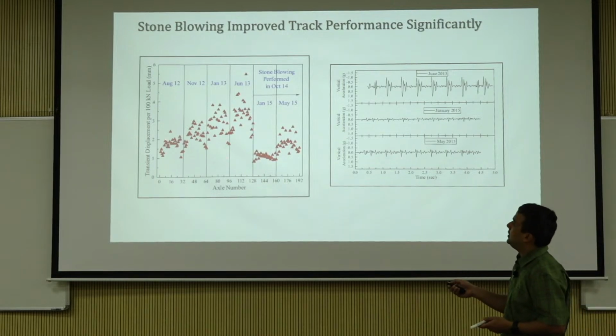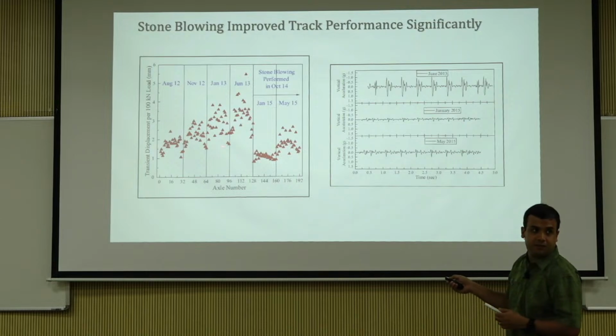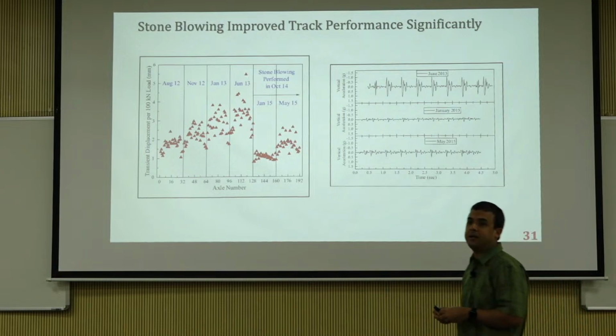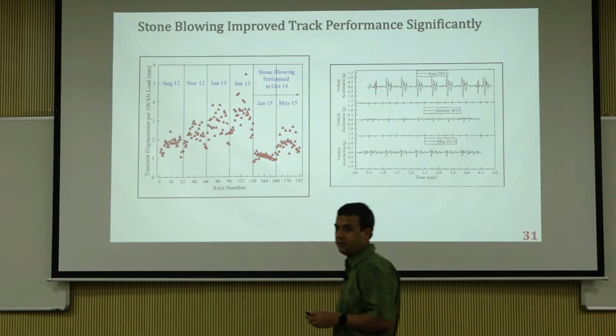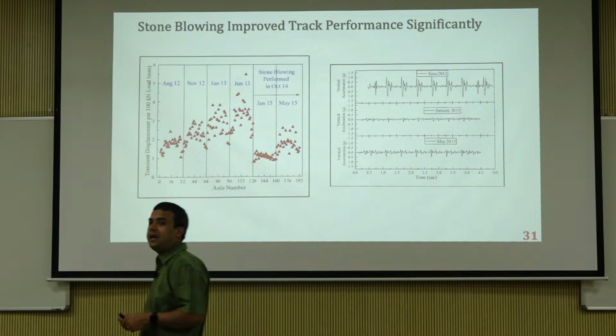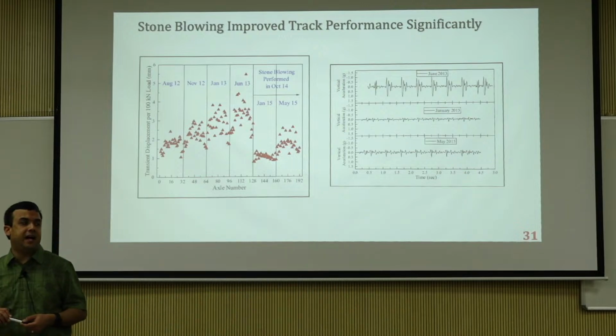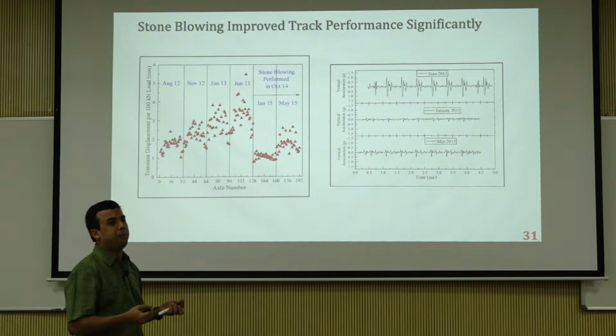Transient deformation at that track was all like this, and then you support it by stone blowing, and you suddenly reduce the transient deformation significantly. That's because it is now better supported, right? The take-home point is that you have a problem, which is the bump.